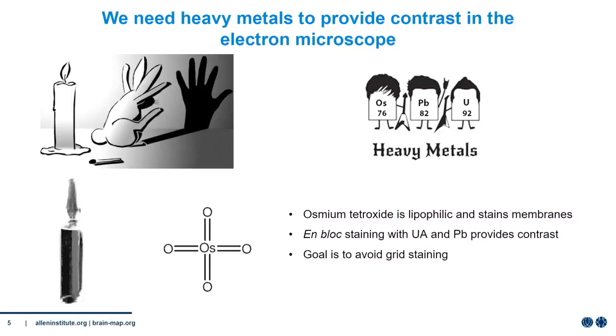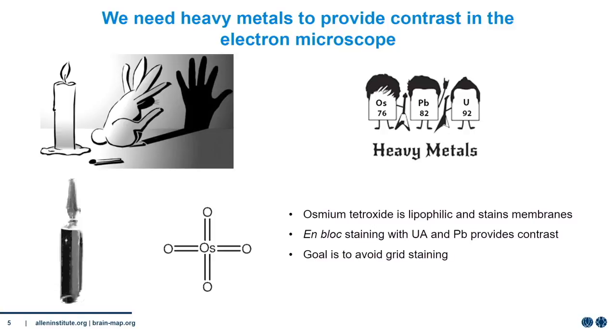You can think about the electron microscope a lot like this cartoon here. The candle is the electron beam, the bunny is our sample, and the shadow on the wall is actually our EM image. So in order to make the shadow, we need to infuse our sample with heavy metals.